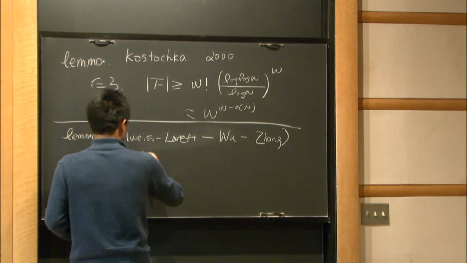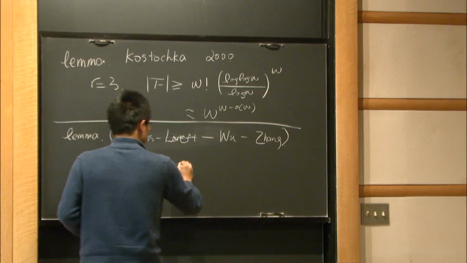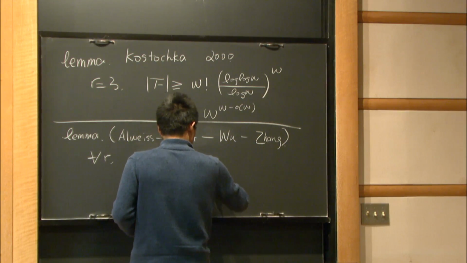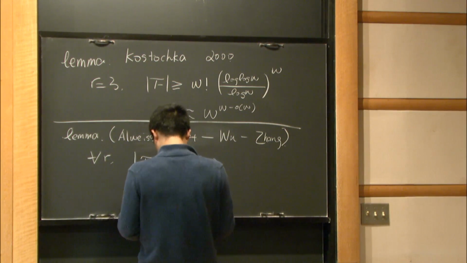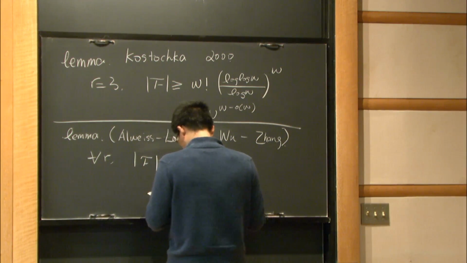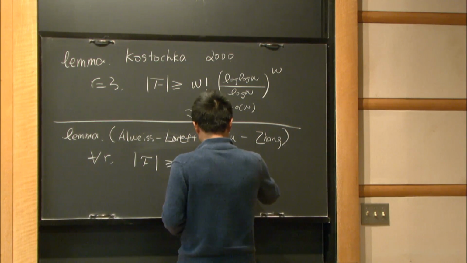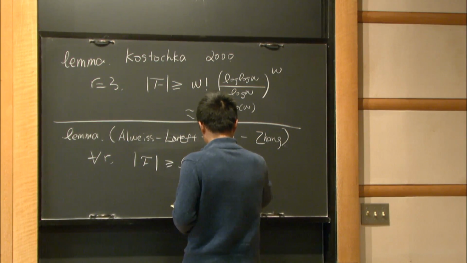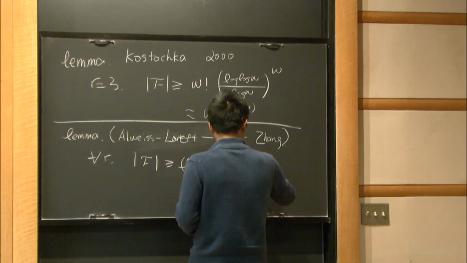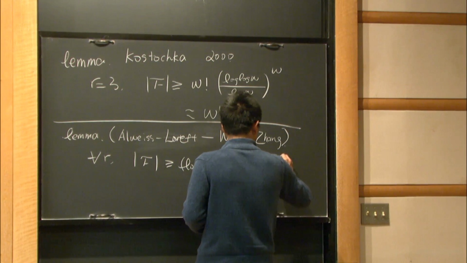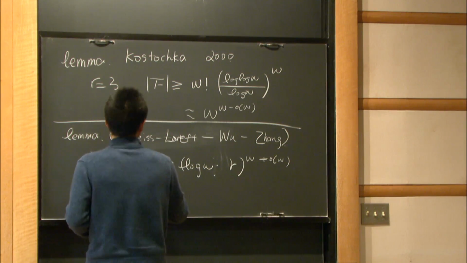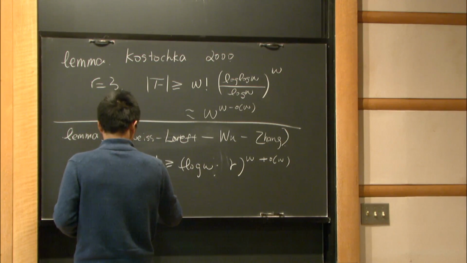If f is larger than r log w to the w plus little o(1), then it contains a sunflower.